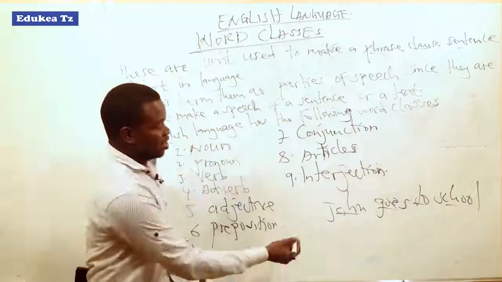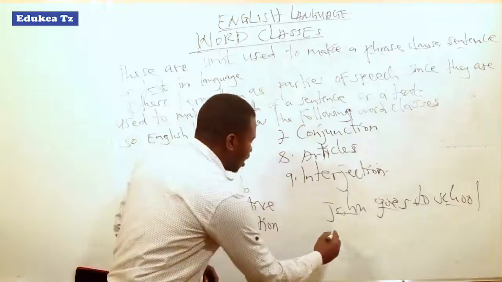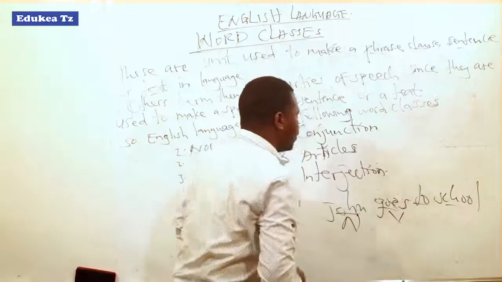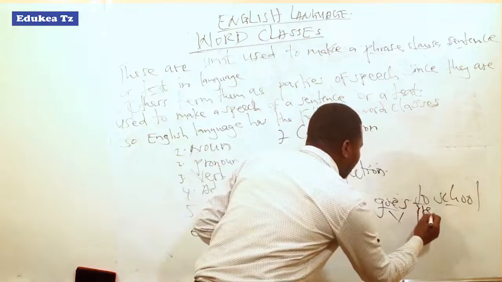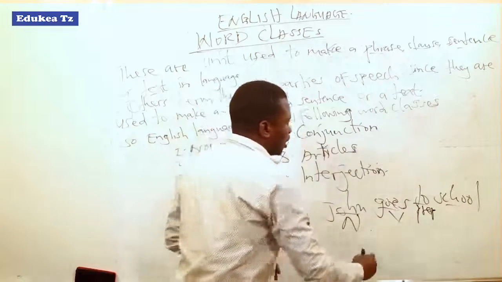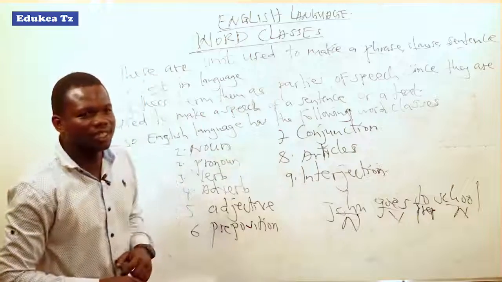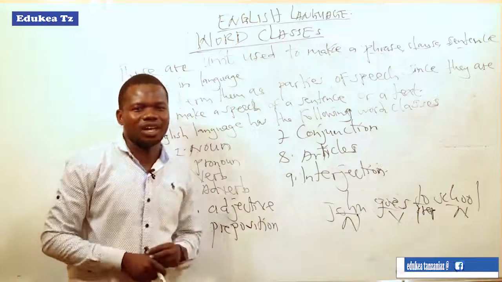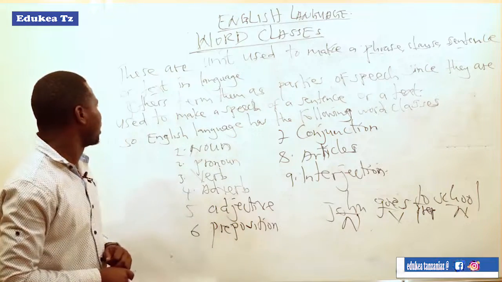For example, in here we have various word classes such as noun, the word John, we have verb, the word goes, as well as preposition, to, and again we have noun, that is school. So let us be very careful so that we get what we want to share with you in this session.